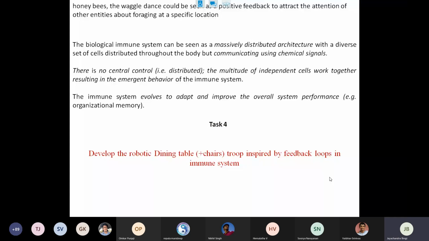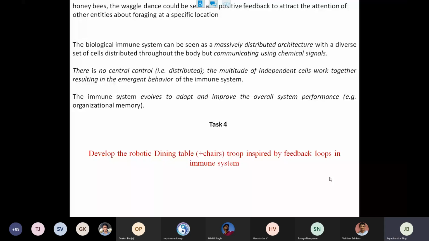Now if you see natural systems like honeybees, they do what is called the waggle dance. The waggle dance has a positive feedback to attract the attention of other entities about foraging at a specific location.